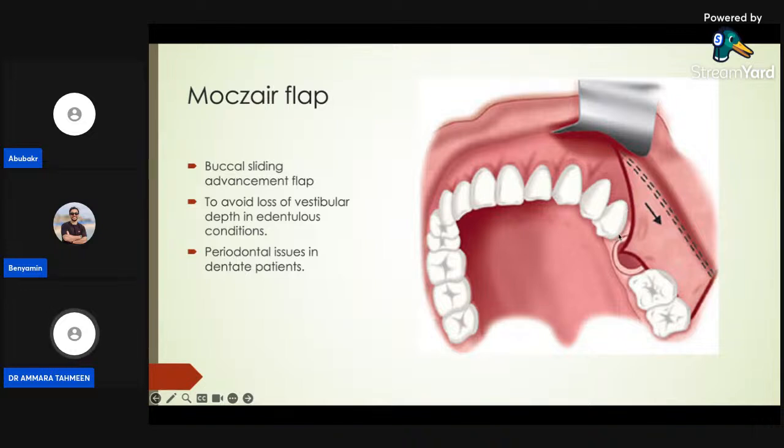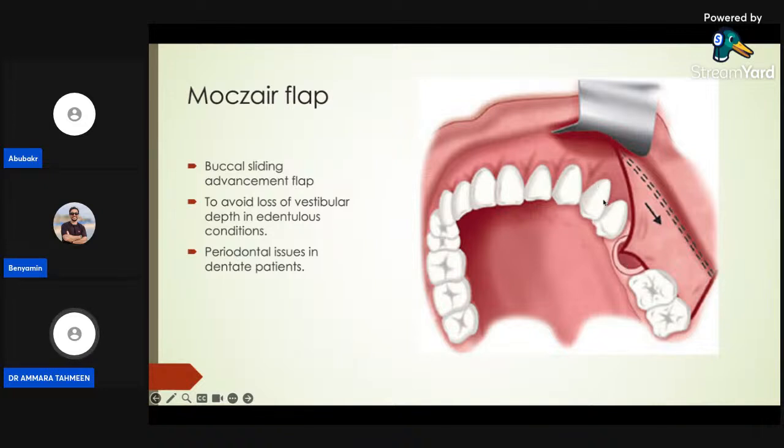As we saw in the normal buccal advancement flap, we give vertical releasing incisions at the margins of the defect. But in Moxer flap, the vertical releasing incisions are given in the mesial or proximal region to the teeth present.